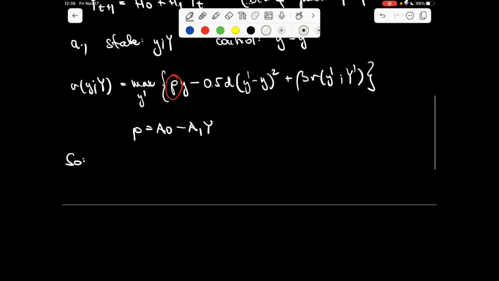So the Bellman equation can be rewritten with these parameters.